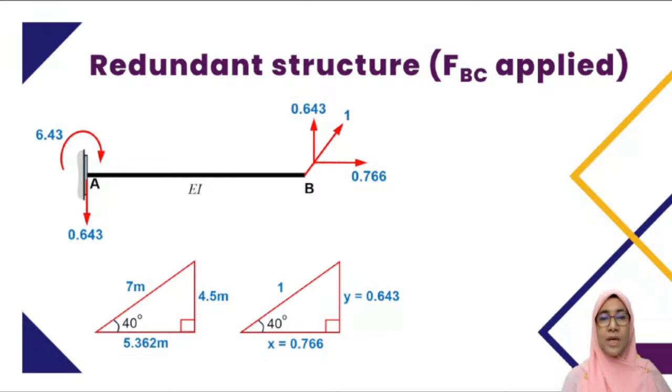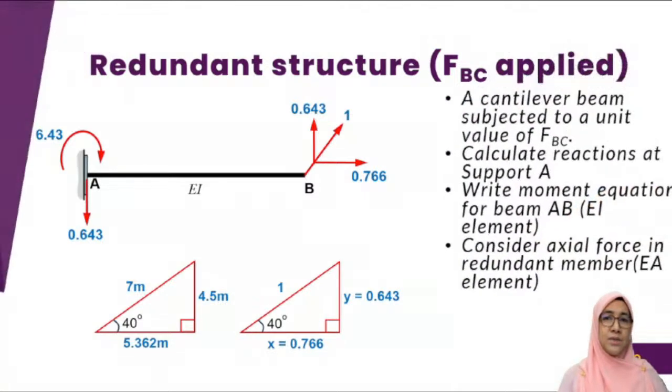From that, we will determine the reaction at support A: AY is negative 0.643, and the moment is 6.43 clockwise to remain in equilibrium.